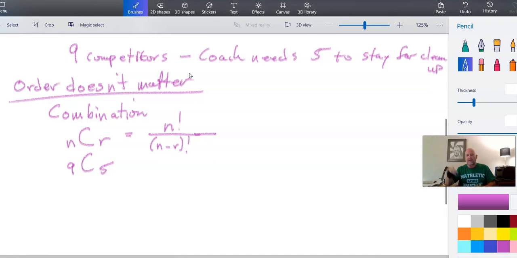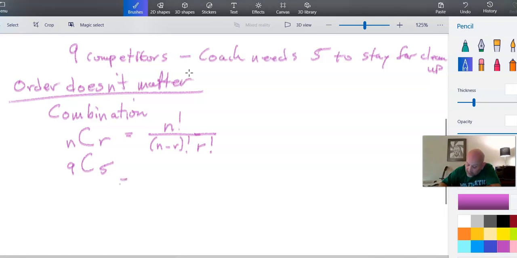So if Bob gets chosen to be in the set, this is actually counting 5 different ways that he is in the set. That's too many ways because he can occupy any of those positions: first, second, third, fourth, fifth. And this is counting those as different, but they're not different. So what you have to do is divide out by the number of things you're choosing. And so this ends up being the entire formula.